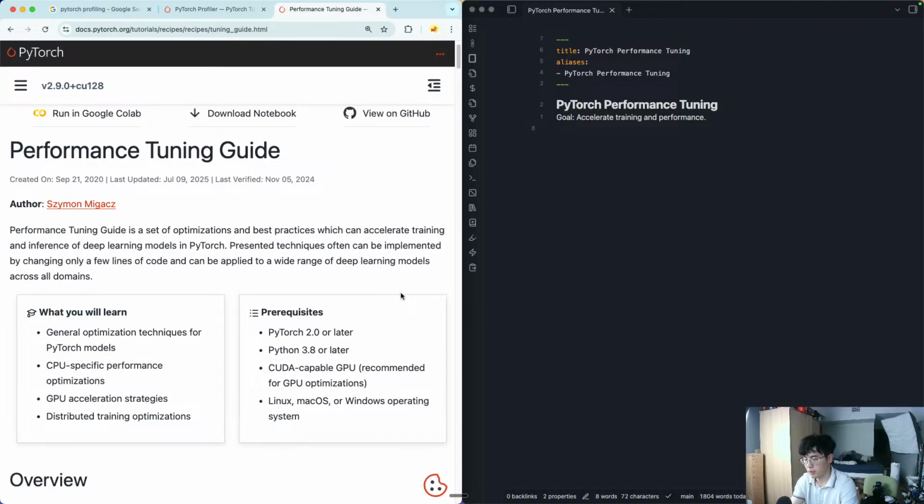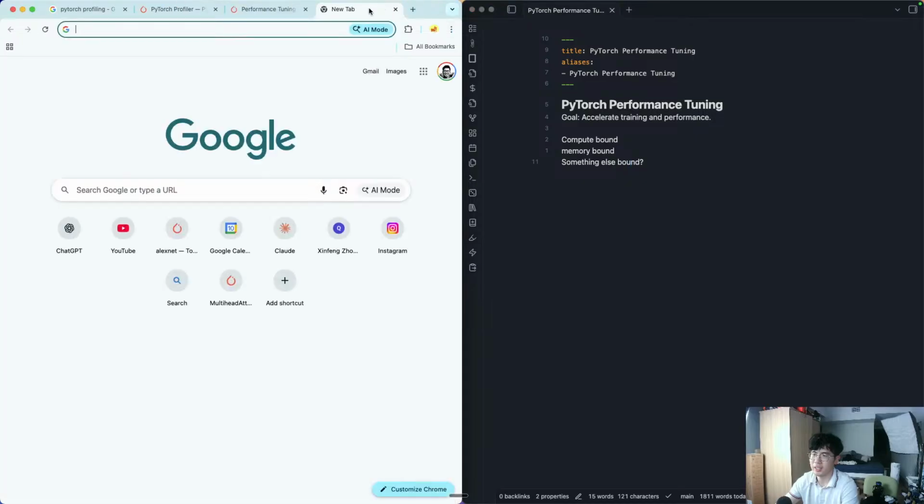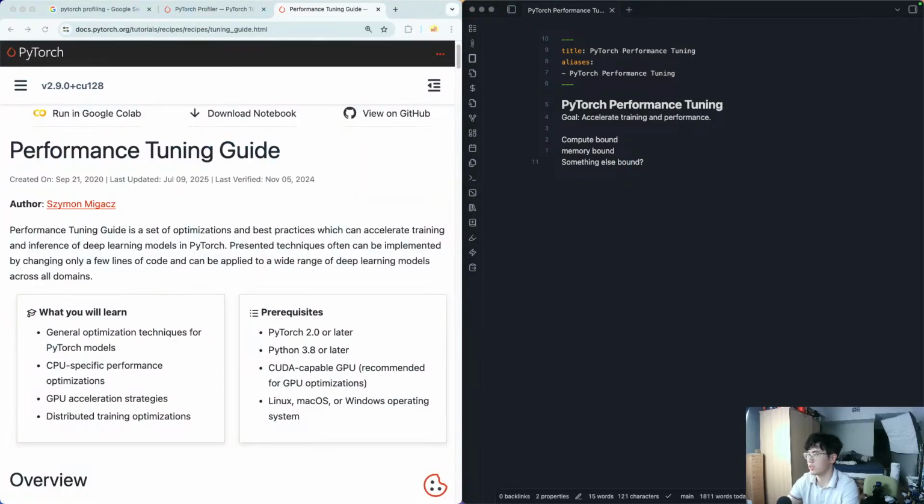And then there's compute bound and memory bound. Something else bound. Usually we're bounded by these two things. But I was talking to chat yesterday, and it was saying something else. Let me try to pull it up and see what it was talking about.